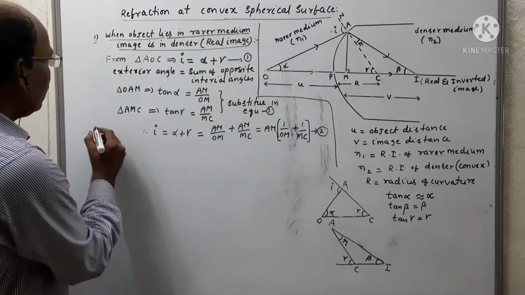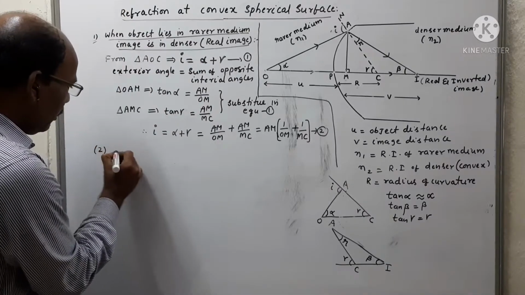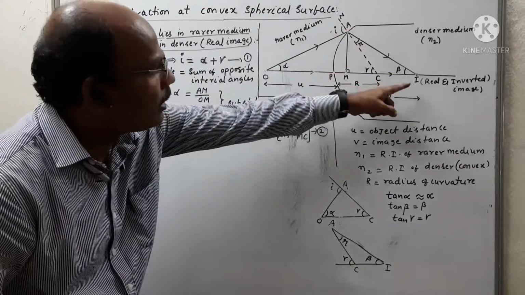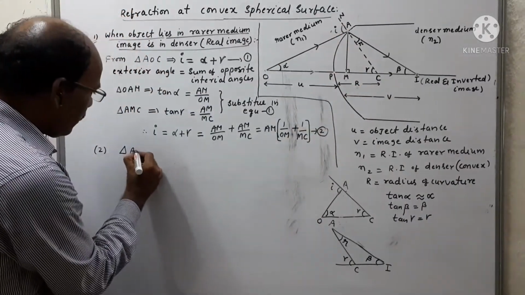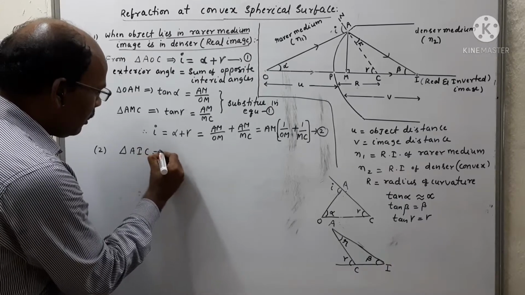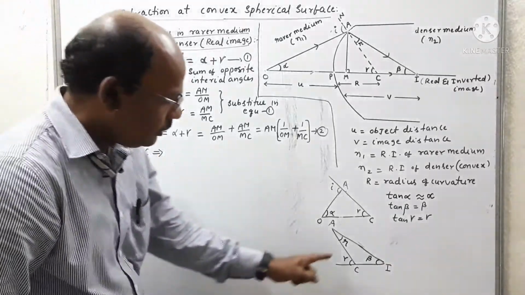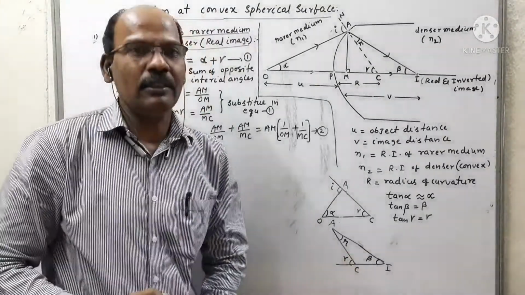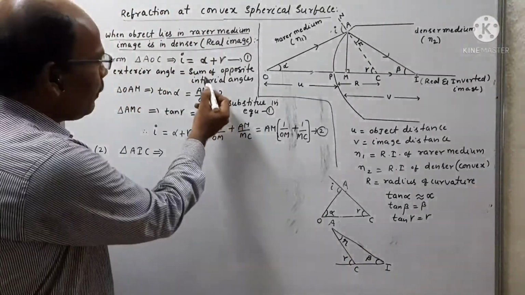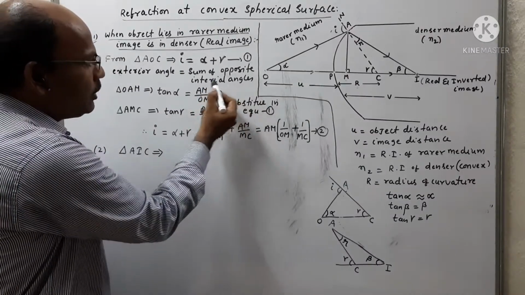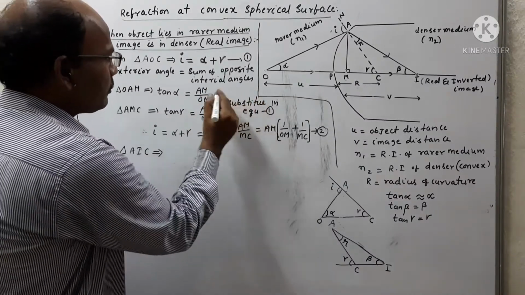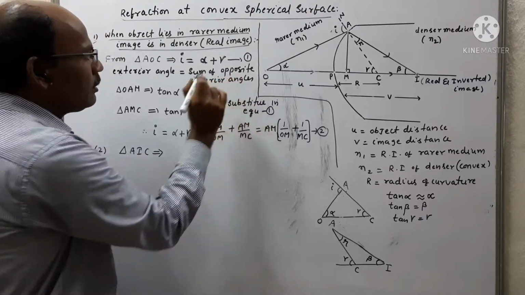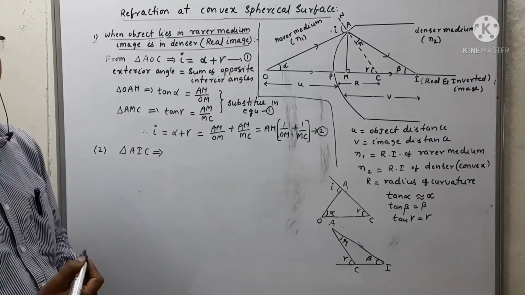Okay, so you can write the second one. From the triangle AIC, we can again observe these two are opposite interior angles. Gamma is the exterior angle. We can apply the same condition. Sum of opposite interior angles is equal to exterior angle.